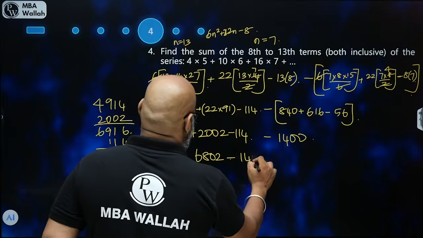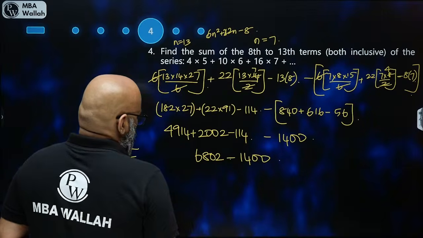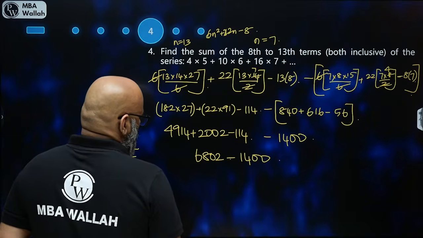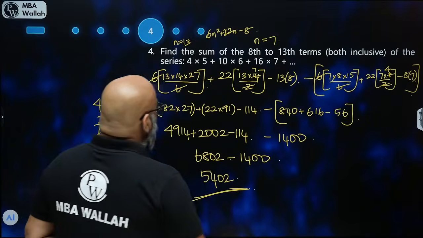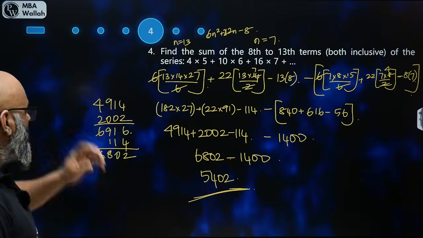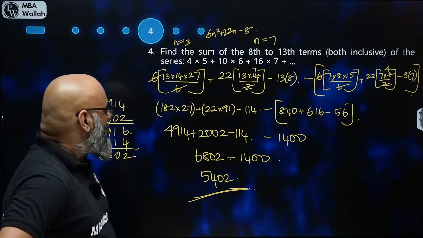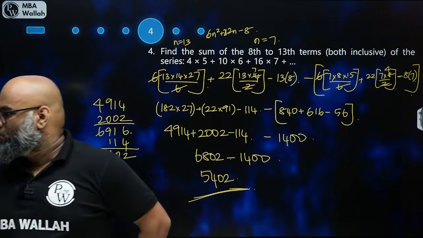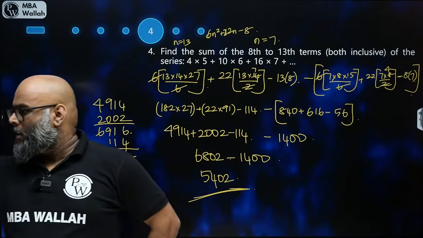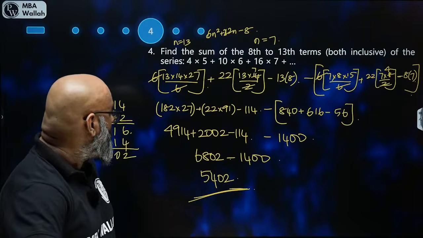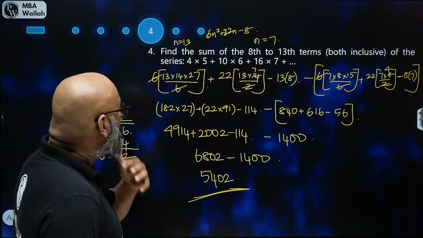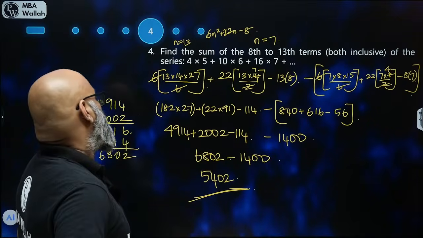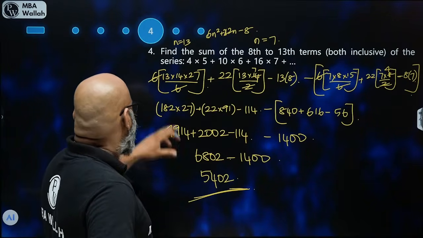Minus 1400. So this will become 5402. I'm just verifying every part here. Let me know if there is a math error. Are we getting this 5402? I hope 5402 is right. I'm just verifying it one more time. I'm just ensuring that we don't make any mistakes.